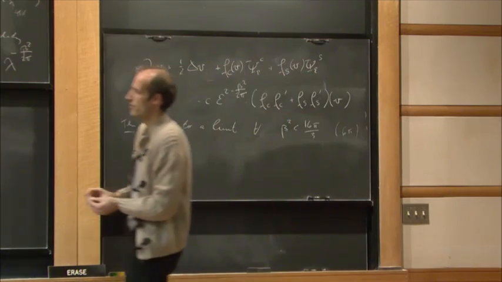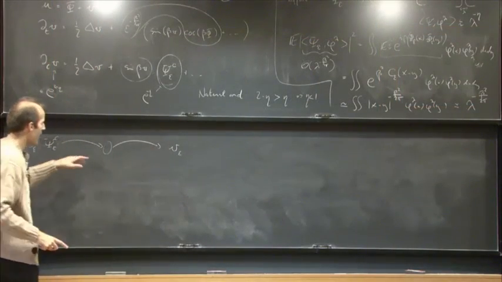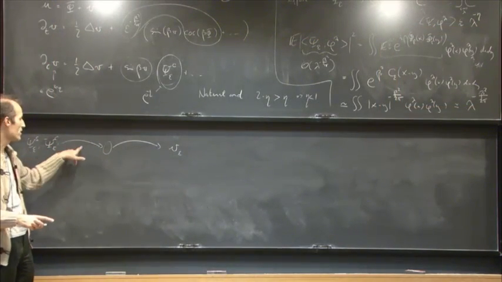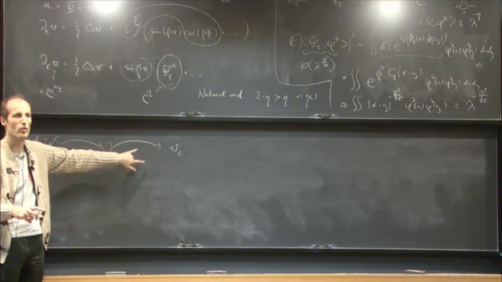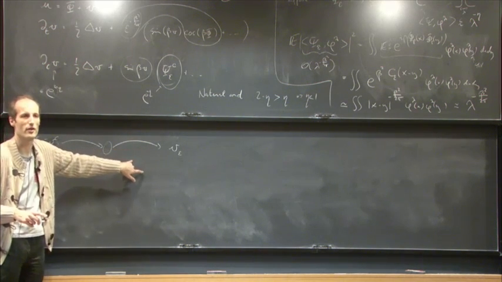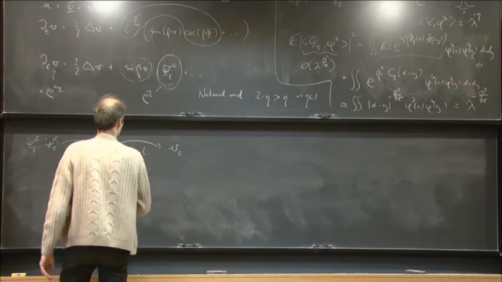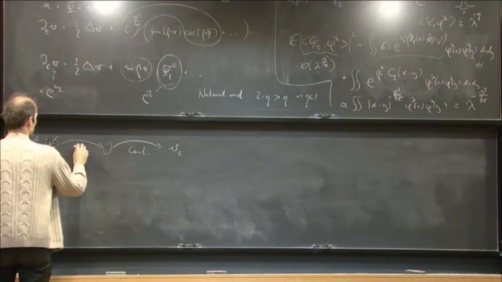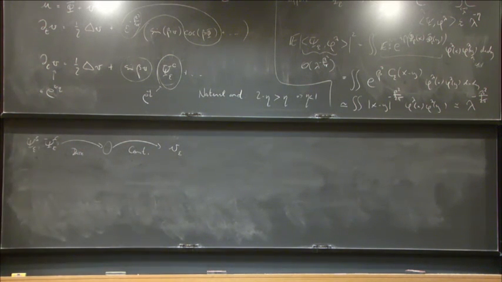So the solution map is not continuous, but it factors into something discontinuous, which is easy to understand, and something continuous, which is more difficult to build, but you build it once and for all. So you factor it into 2 bits, where this is nice and continuous, and this is discontinuous, but explicit.